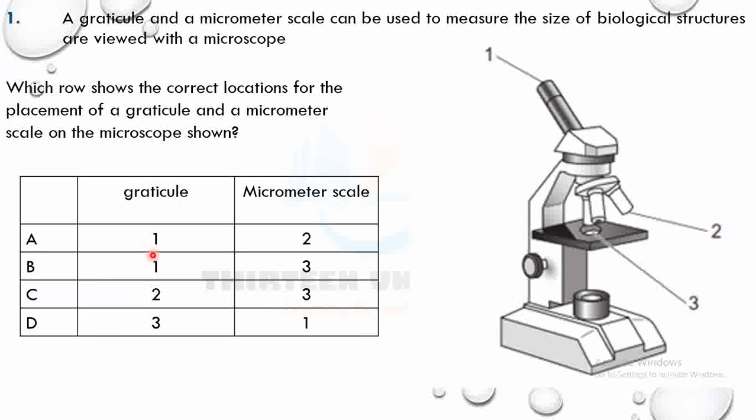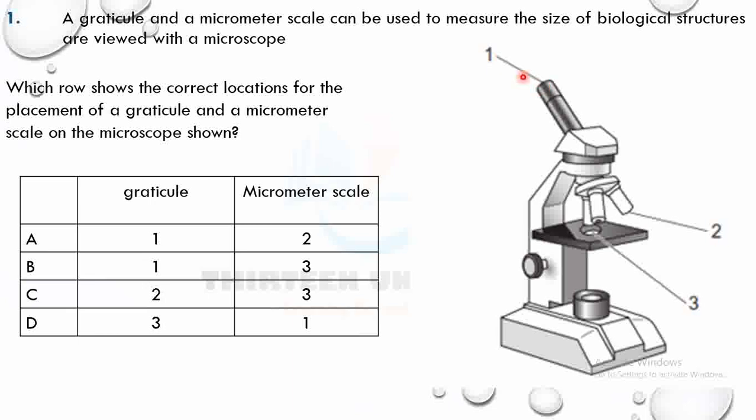If you're talking about the graticule, the graticule is a scale which is used to measure a specimen on the microscope. The graticule is usually embedded in the eyepiece lens. The eyepiece lens is found here. This is the observer's lens, where you look through.